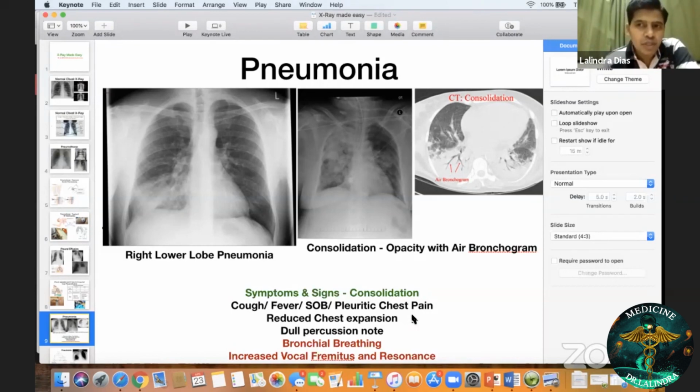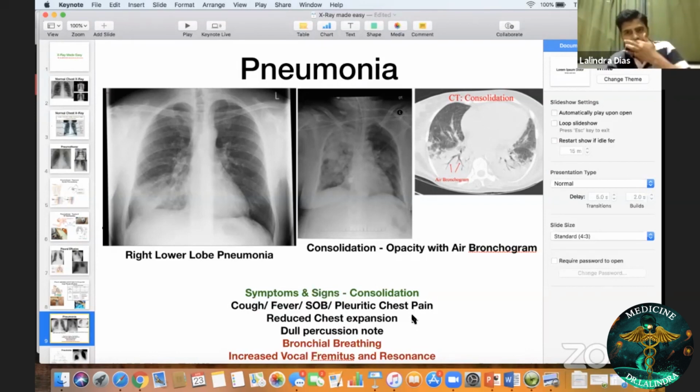It can be due to bacterial infections, viruses, or chemical pneumonia like aspiration pneumonia. It can also be due to fungi, like in immunosuppressed patients you can get fungal pneumonias. In radiological terms, in X-ray, you call pneumonia a consolidation.